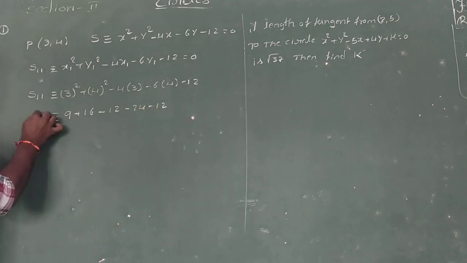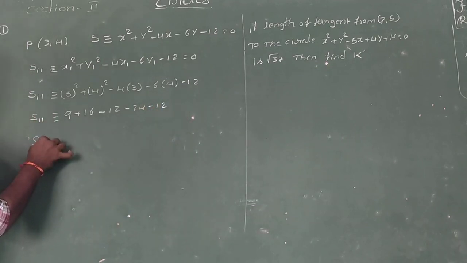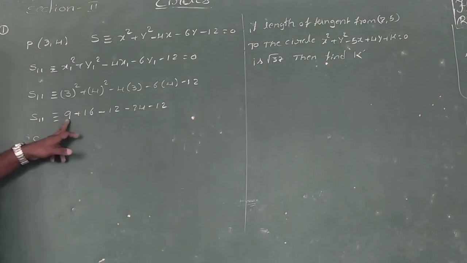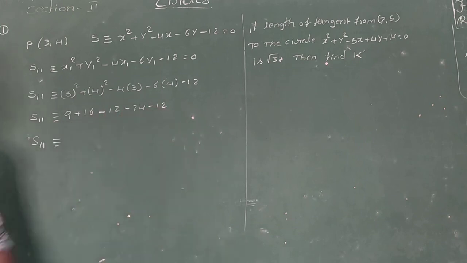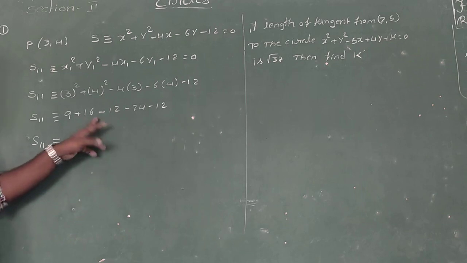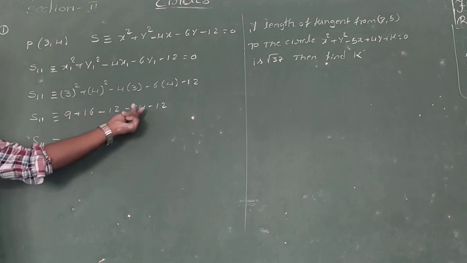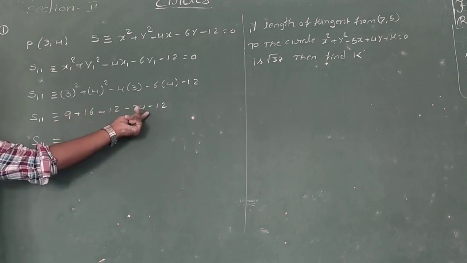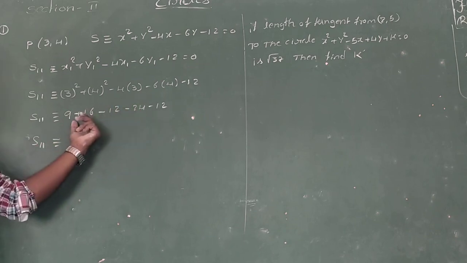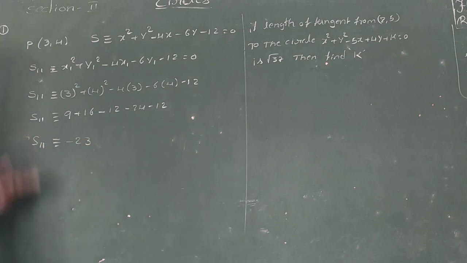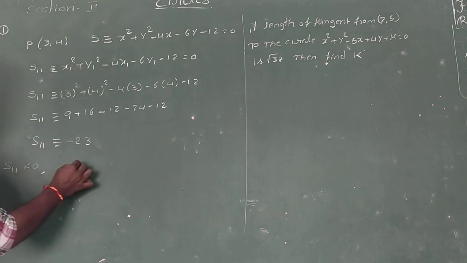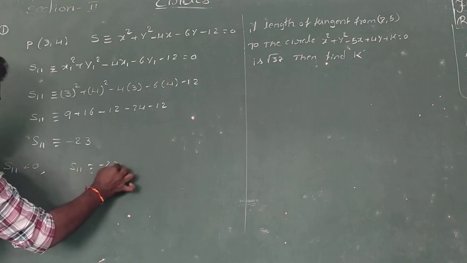So S11 is 9 plus 16, that is 25, minus 48. Definitely it becomes a negative value. So 25 minus 48 is minus 23. Minus 23 is negative. So first, S11 is less than 0 and S11 is equal to minus 23.